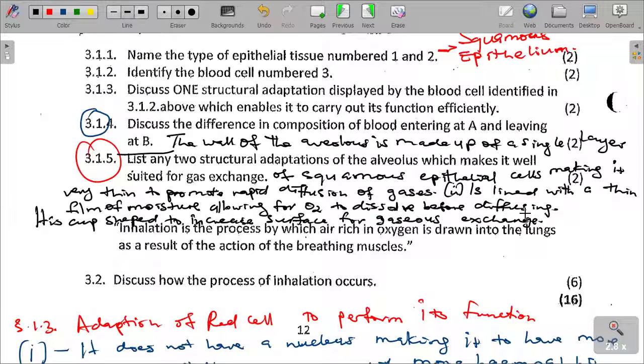Let's just go to the last question. Inhalation is the process by which air rich in oxygen is drawn into the lungs as a result of the action of the breathing muscles.